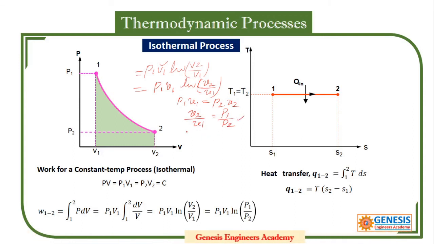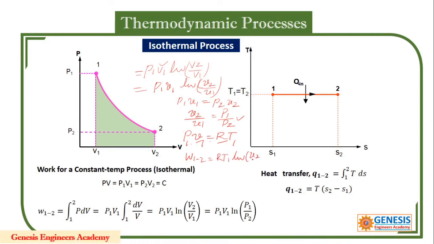Okay, and one more equation, that is the gas equation, PV is equal to RT. Got my point? In this, this is the specific value, and this is the gas constant. So I can use it like this. Instead of using P1 V1, I can also use work done is equal to RT1 ln V2 by V1, if T1, V2, V1 are given. Or RT2 ln V2 by V1.